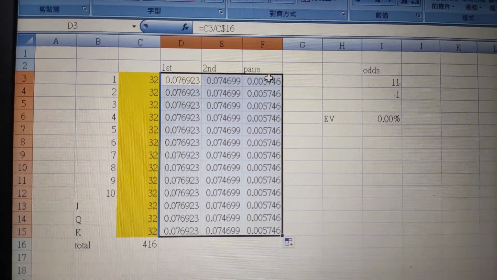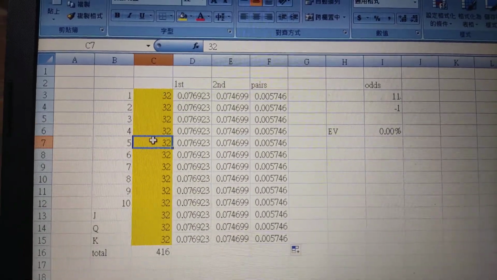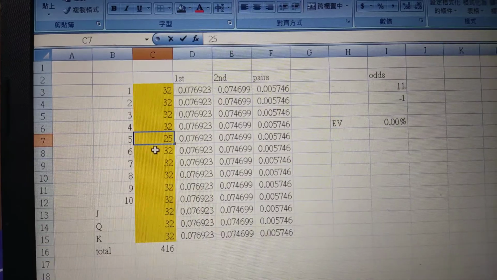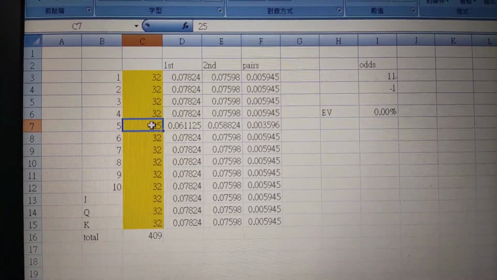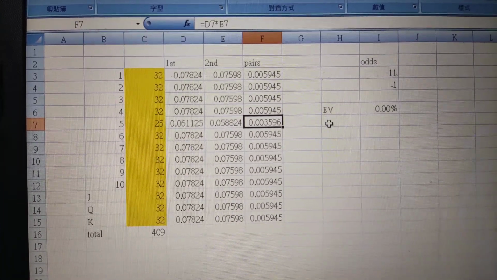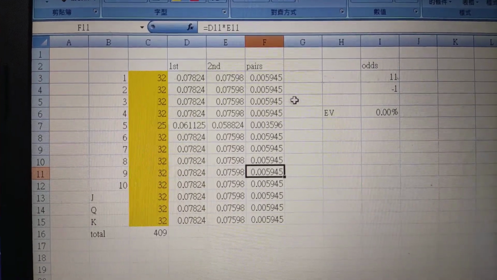This is the ace pair's probability. For example, if we change the number here, if we change it to 5, the 5 pair's probability is lower than the others. Okay, this is the sample.